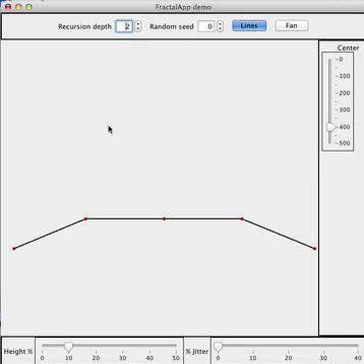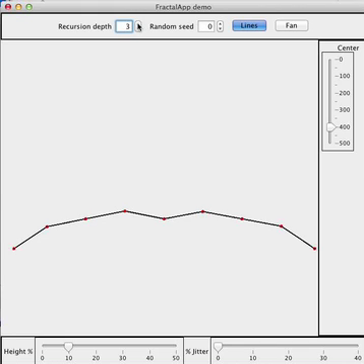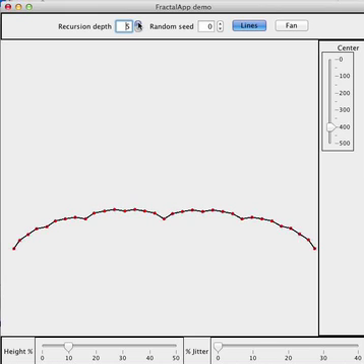At level 3, we'll take each of these lines, multiply their length by 10%, find the midpoint, displace that midpoint there. And so if we go up to 3, and then at 4 we'll do each of those, at 5 we'll do each of those, at 6 we'll do each of those. Let me go back a little bit.